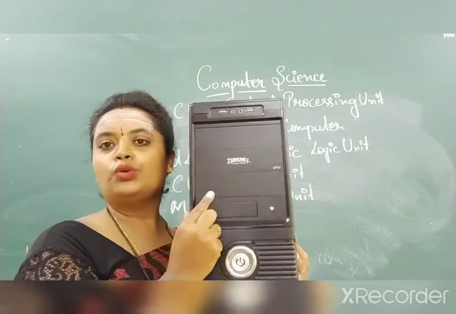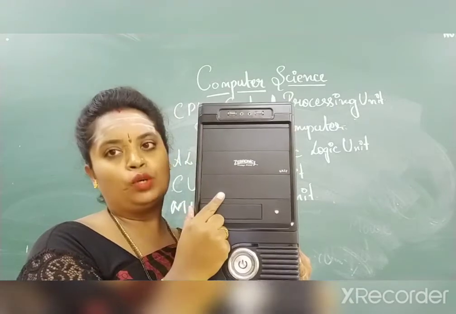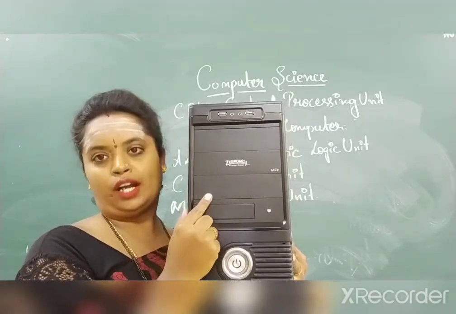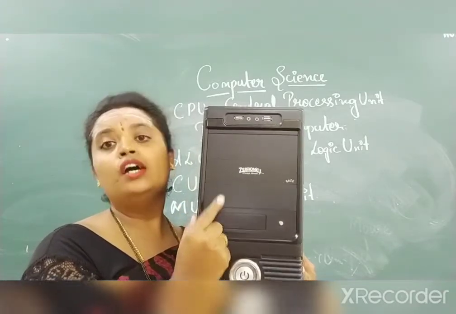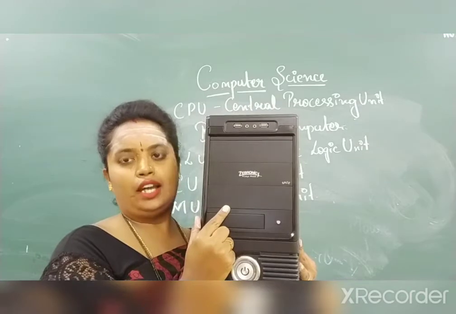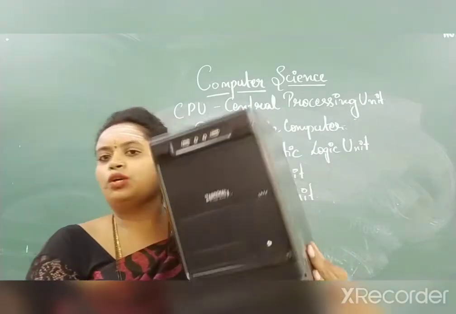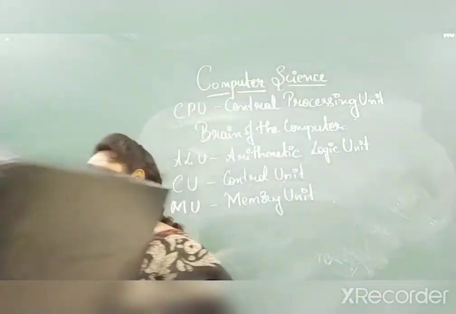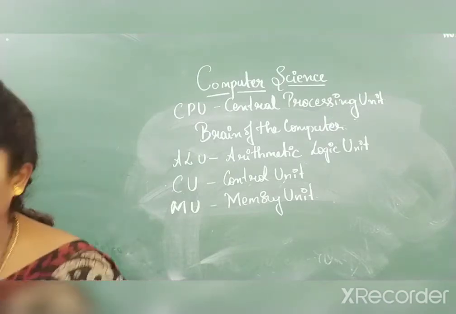So this CPU consists of ALU, CU and MU. ALU is arithmetic logic unit, CU is your control unit, MU is your memory unit. Okay, children? One by one we'll be seeing arithmetic logic unit, what it is. So this is your CPU. Can you see this? Yes. What is this arithmetic logic unit?